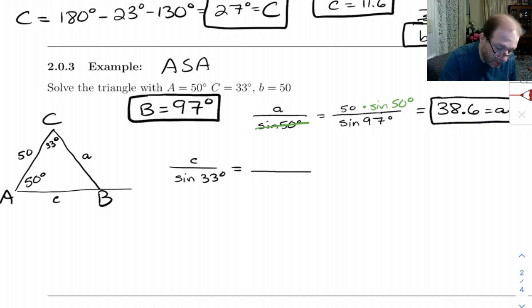Let's use b because it's exact. 50 over sine, what's opposite the side of length 50? Angle B, which is 97.